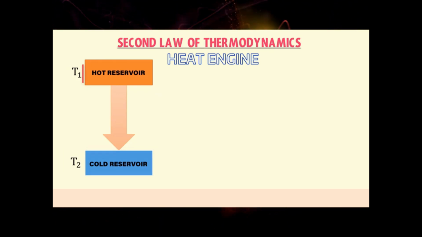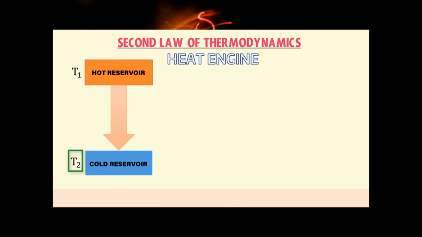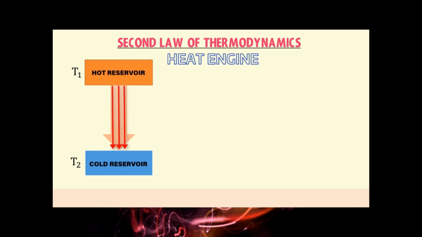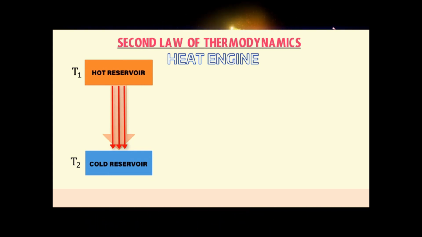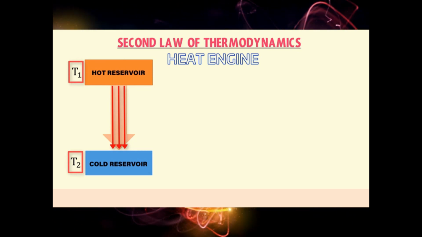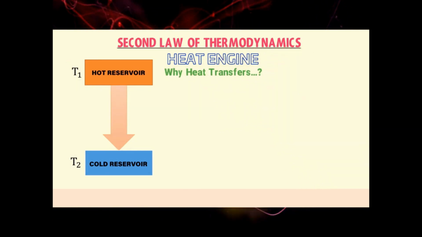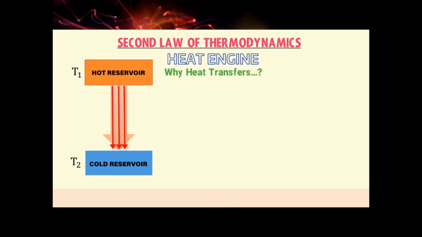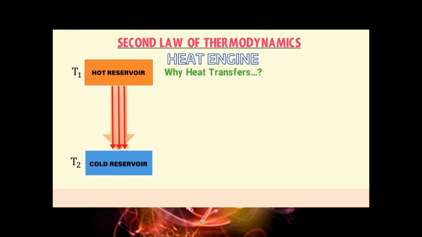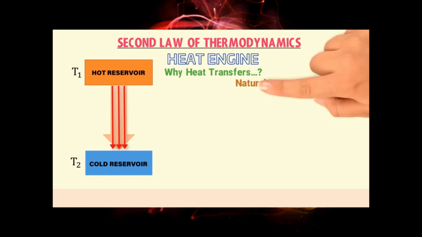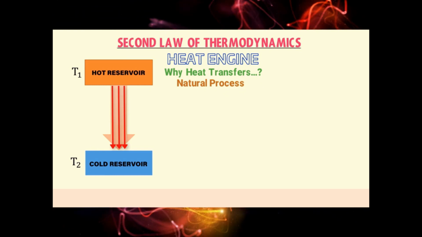And we know that temperature T1 is greater than temperature T2. Thus, heat transfer will occur between this hot reservoir and cold reservoir due to temperature difference. If I ask you why heat transfers from hot reservoir to cold reservoir, what do you think is the answer? As mentioned before, it is a natural process or spontaneous process.